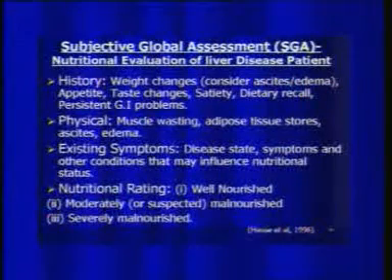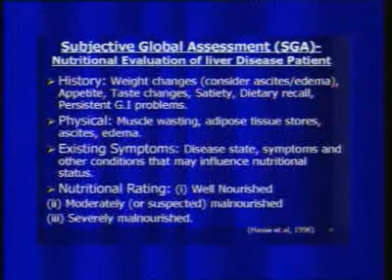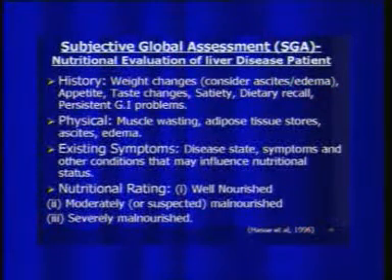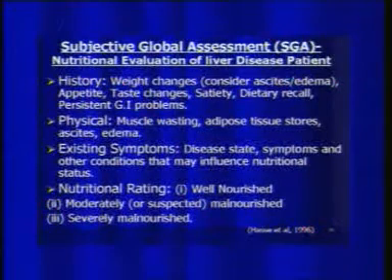For this, we have developed a subjective global assessment tool. If you can see on the slide, it has certain major features or characteristics, and if they are taken care of, we can easily identify that the patient is suffering from these particular features or symptoms, and therefore the patient is suffering from such and such severity of a particular liver disease.